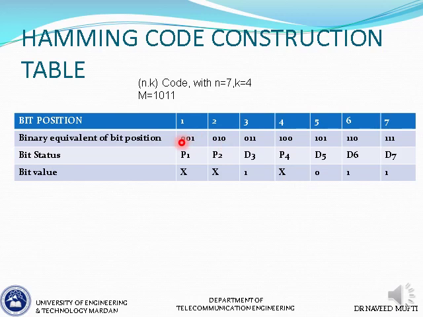All those bit positions whose third least significant bit is 1 will decide the value of parity bit 4. That means P4, D5, D6 and D7 will decide the value of parity bit P4. So that is how the parity bits are linked to unique positions, or their values are determined by linear combinations of data bits, as you will see on the next slide as well.